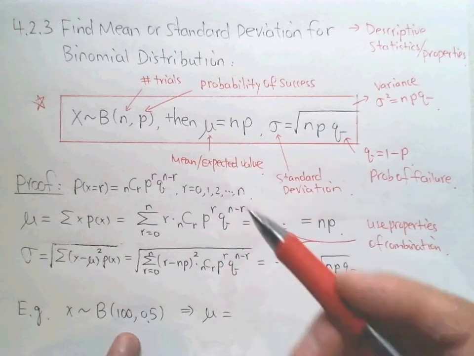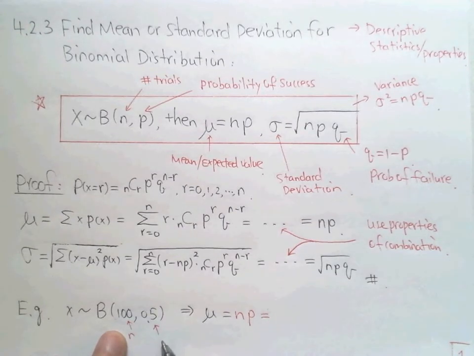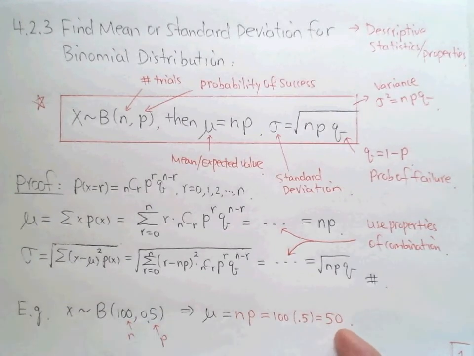We follow the formula. The formula is n times p. What's n? n is here. The probability p is here. I use 100 times 0.5. What do we get? We get 50. Does this make sense, that the expected number of wins is 50?